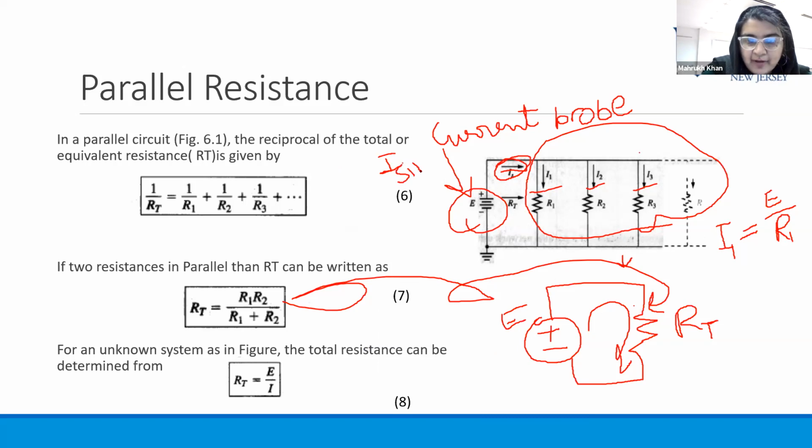So how can you find your I1 sim if you want to find it? What do you think? Sim means the simulated value of I1. How do you find it? Put the current probe on R1. Yes, put the current probe here. You will find I1 sim, right? Similarly for other resistors.